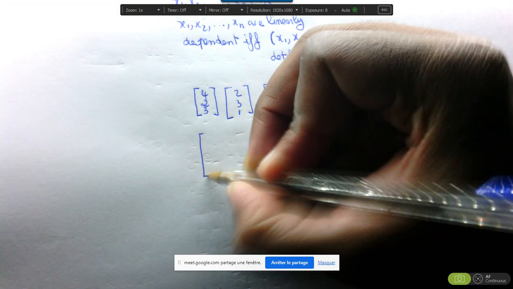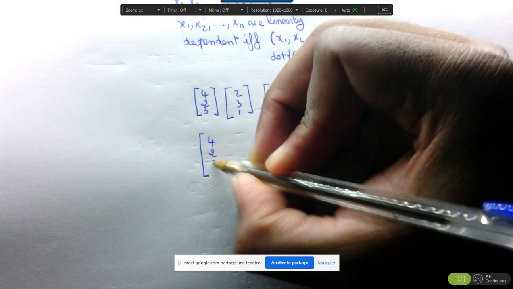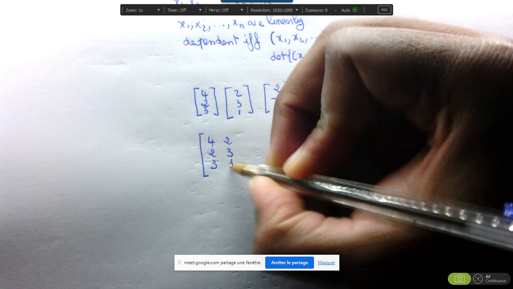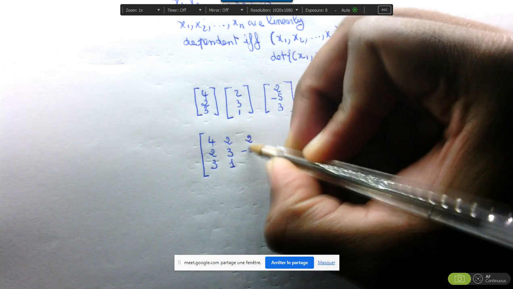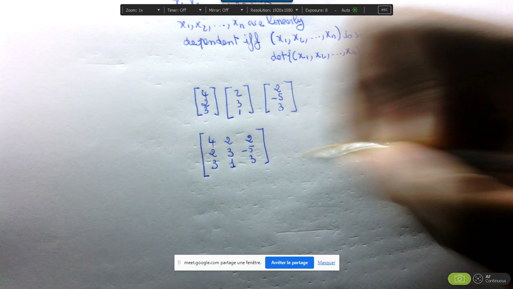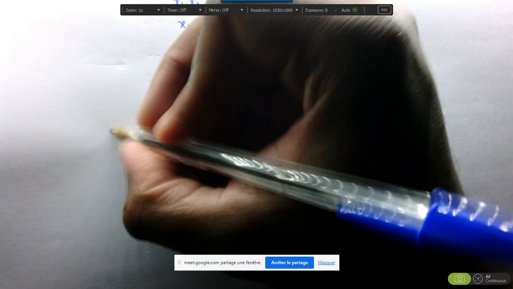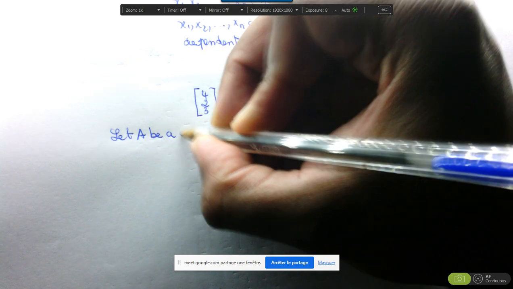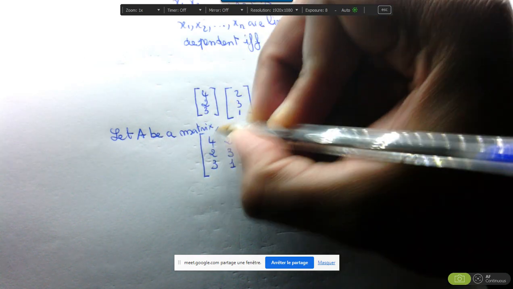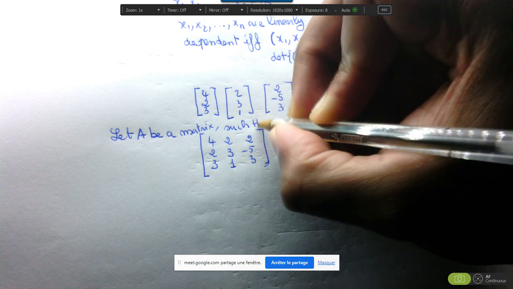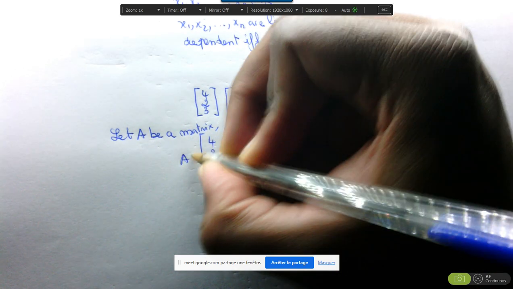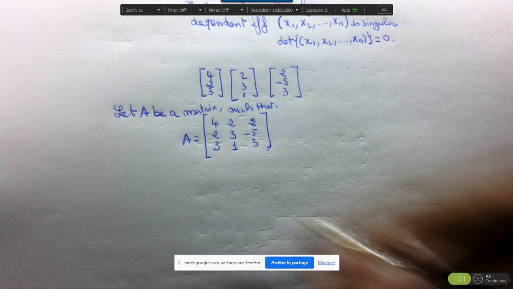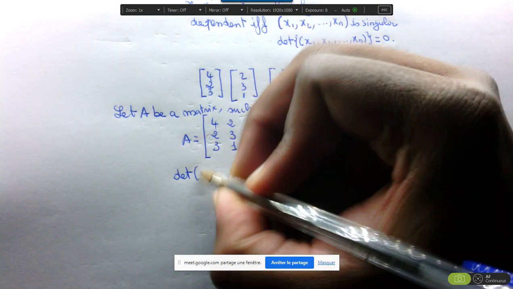We can create a matrix A that represents those. So we can say let A be a matrix such that A is equal to this.